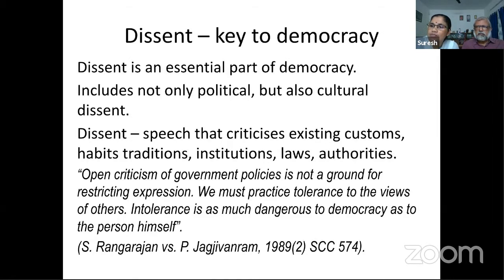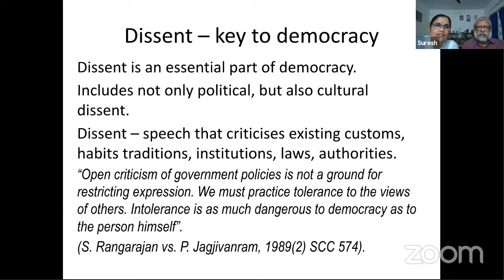The reason why we thought that dissent should be a standalone slide in this entire discussion is because most often it is with dissent that there are problems. It is dissent which creates tensions, which creates some heartburn. But it is very important that we understand that dissent is a key to democracy. Dissent is an essential part of democracy.